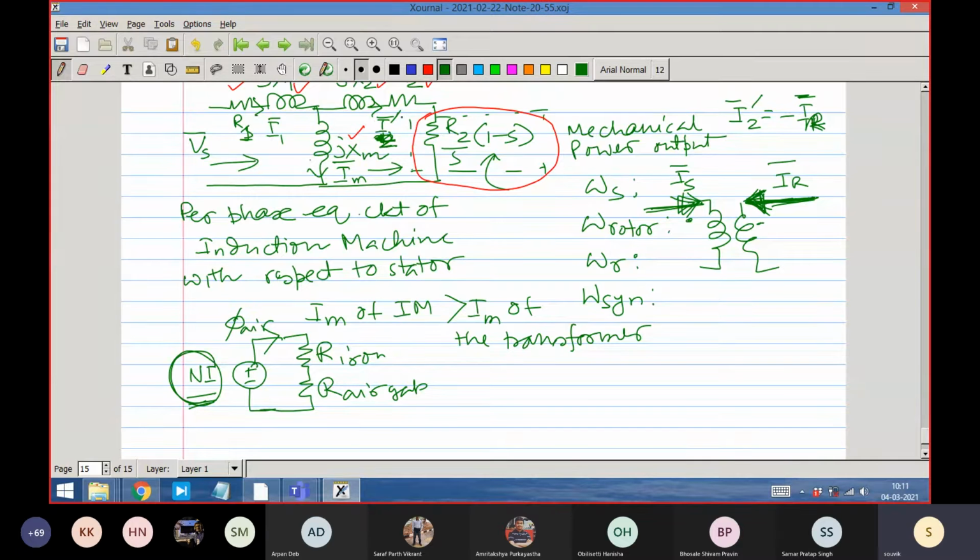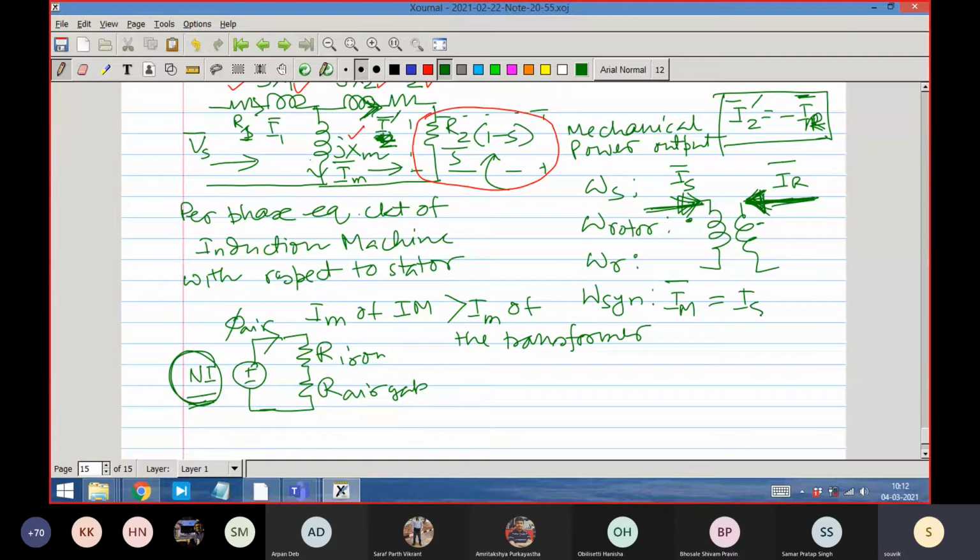Now, just to aid our common sense, I am defining I2 dash is equal to minus IR and putting the arrow here. That is the same equivalent. I am putting the arrow direction equal to that. So it is basically the same thing, right? Instead of writing IM, earlier we used to write what?